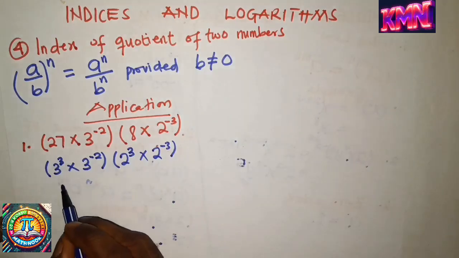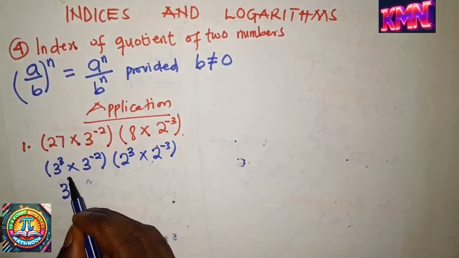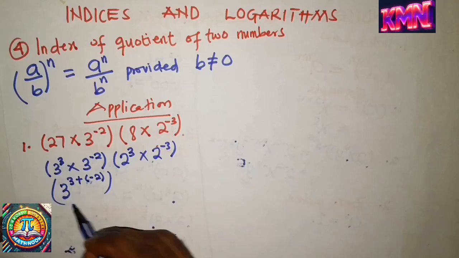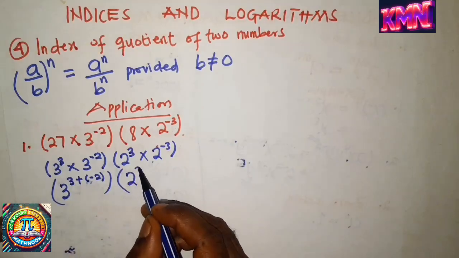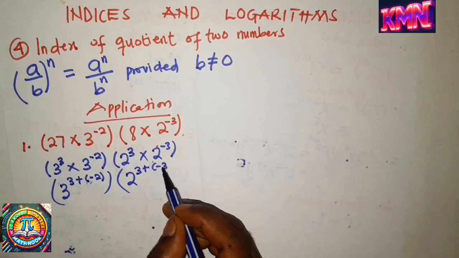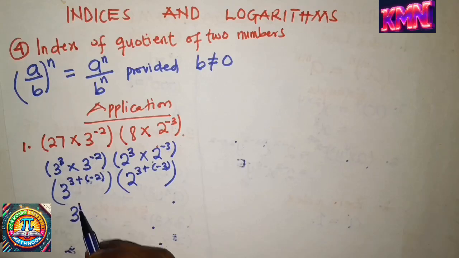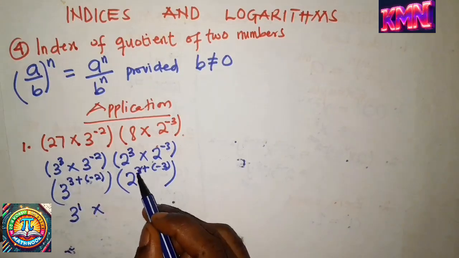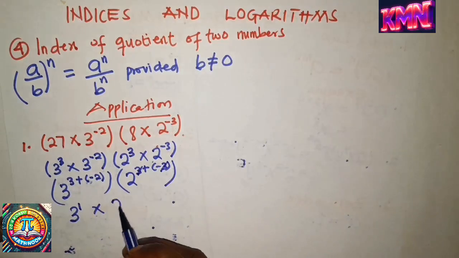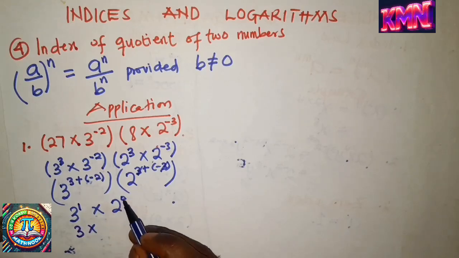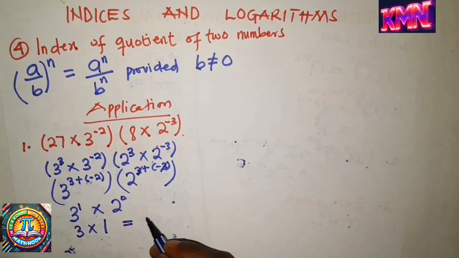Applying the product law, this gives us 3 exponent 3 plus negative 2 in a bracket, then 2 exponent 3 plus negative 3. When you add negative 2 to 3, that gives us 3 exponent 1, times 2 exponent 0. We know that 3 exponent 1 is the same as 3, and that 2 exponent 0 is 1, so finally we get our answer of 3.